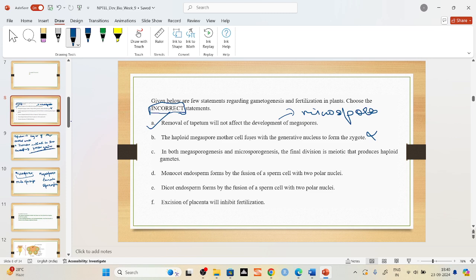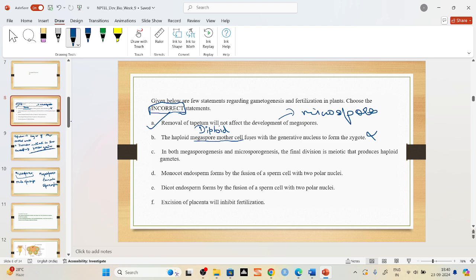So the megaspore mother cell is diploid and it undergoes meiosis to form megaspores. So megaspores are formed from the megaspore mother cell.